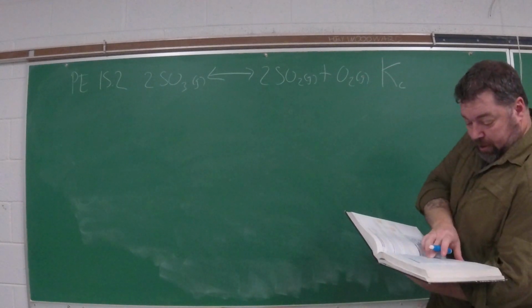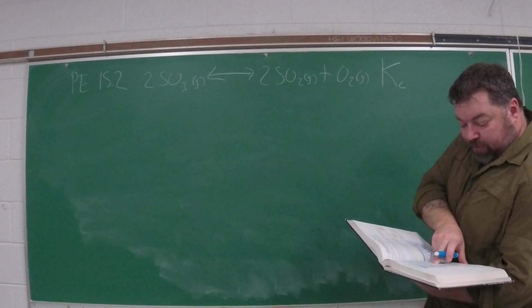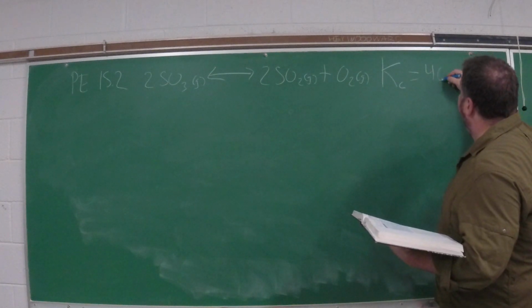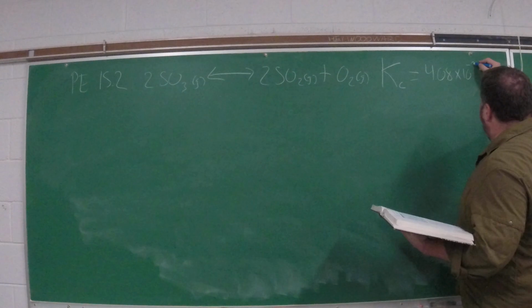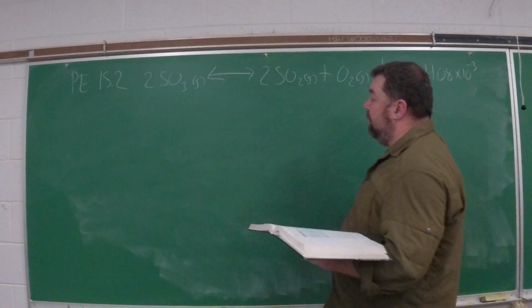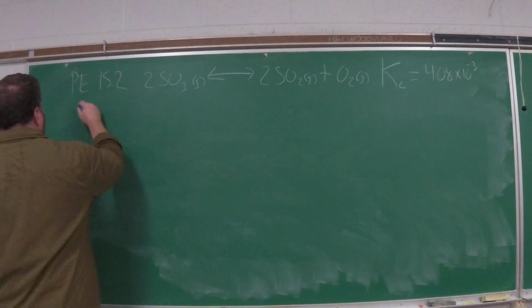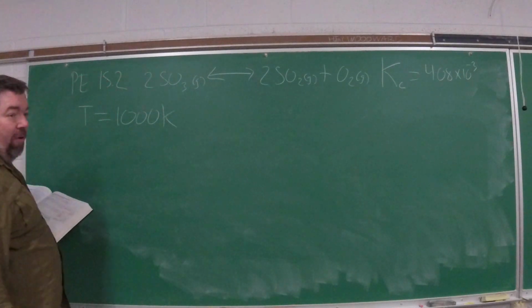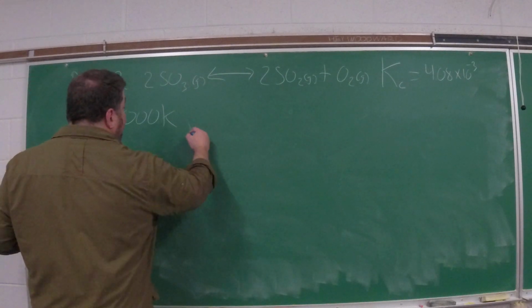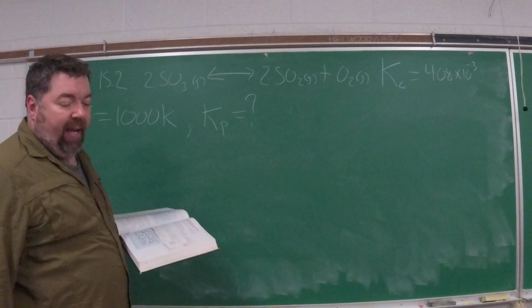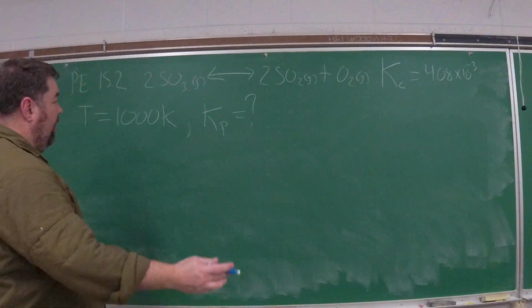They tell us Kc is 4.08 times 10 to the minus 3 at a temperature of 1000 Kelvin. And they ask, what is Kp? Right?